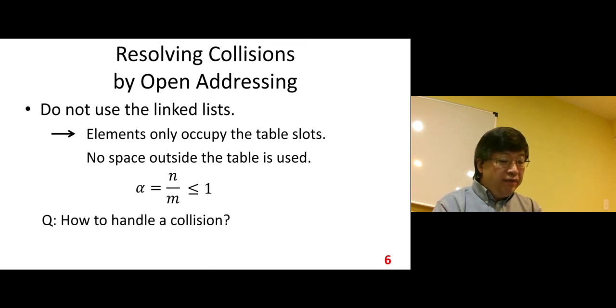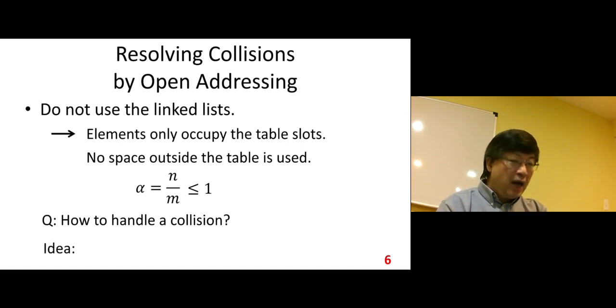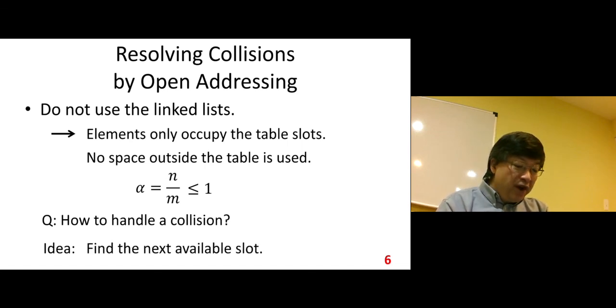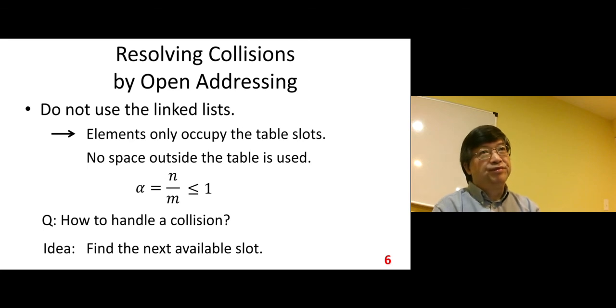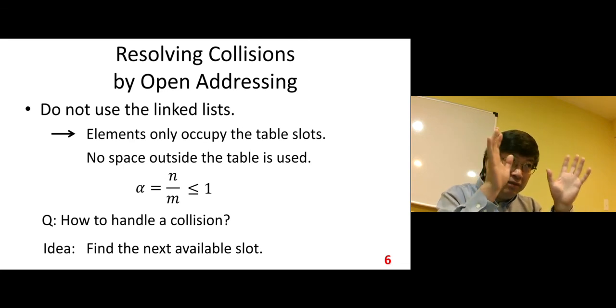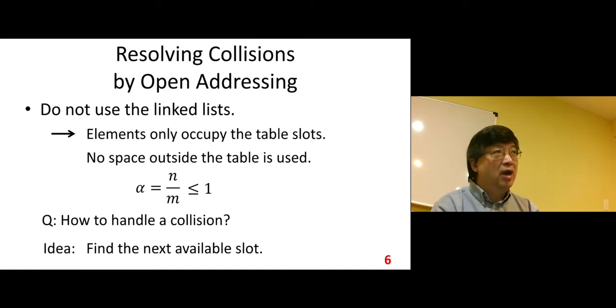Question. In this new consideration, how do we handle a collision? The idea is straightforward: find the next available slot. When you have a collision, you cannot place your data item in that particular location, but you need to find the next one.